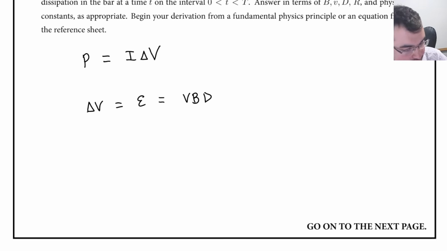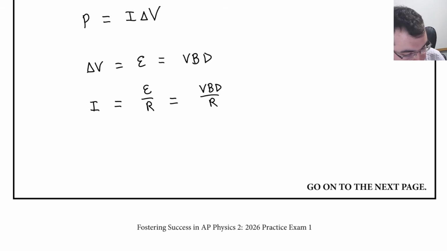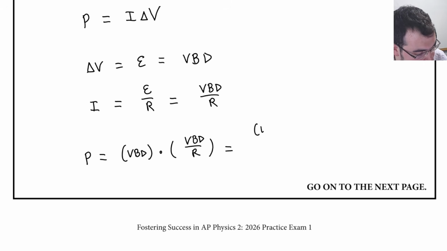Then we had to recognize that the current was just going to be the induced EMF divided by the resistance, which is vBd divided by R, using Ohm's law. So power is just going to be vBd times vBd over R, which is equal to (vBd) squared over R.